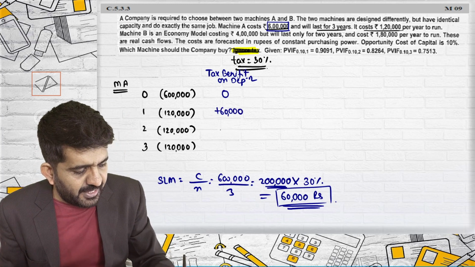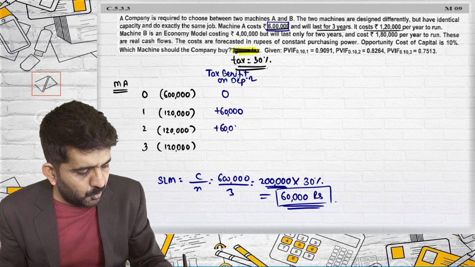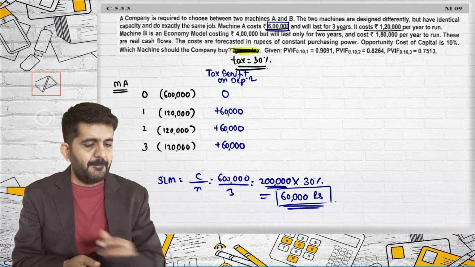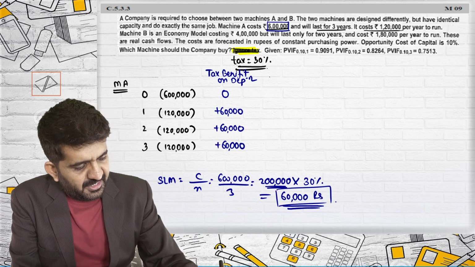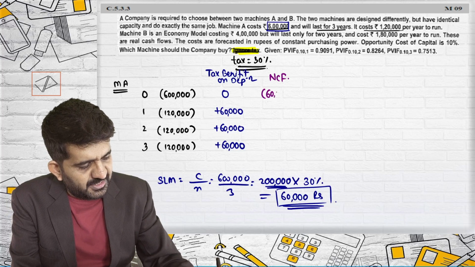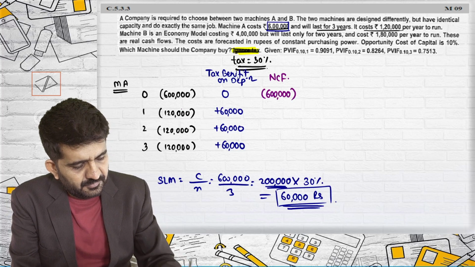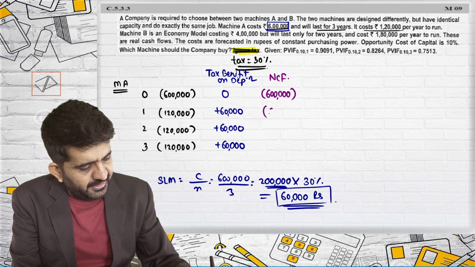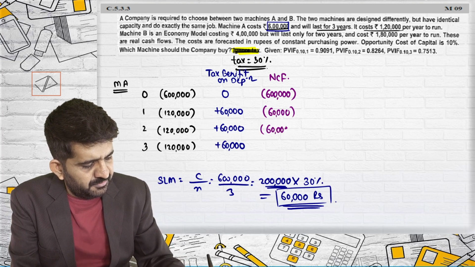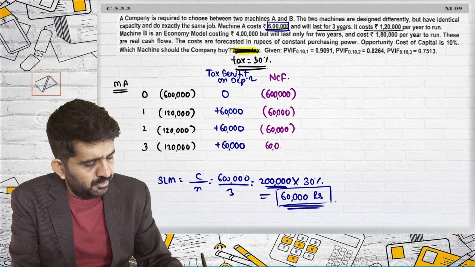Tax benefit on depreciation is your cash inflow, and I will get my net cash flows: negative 6 lakhs, negative 60,000, negative 60,000, negative 60,000.